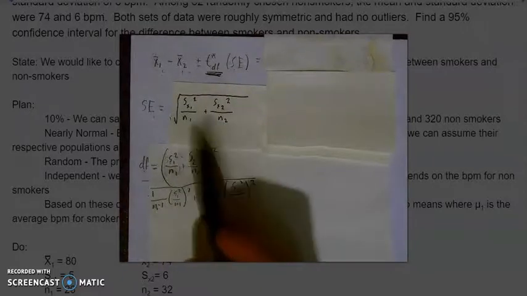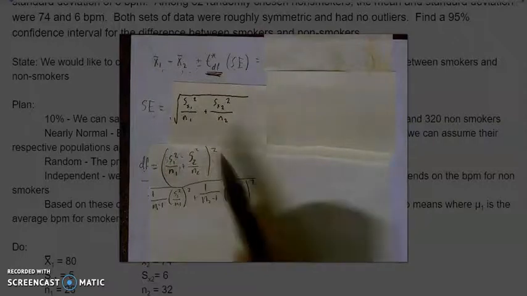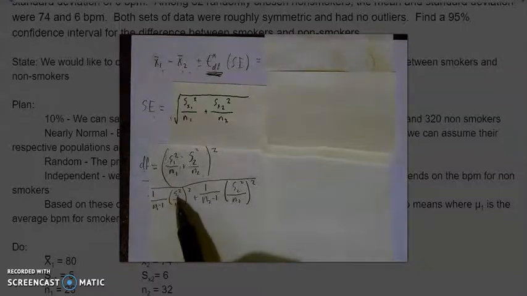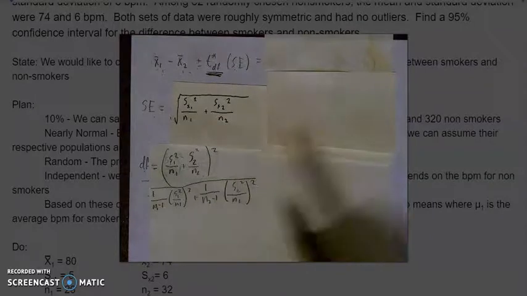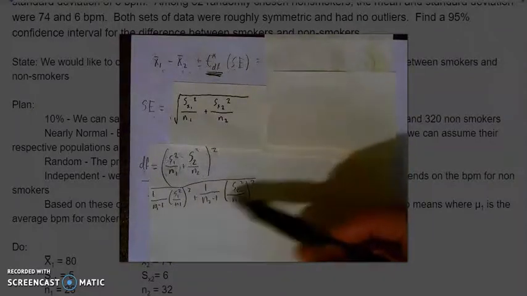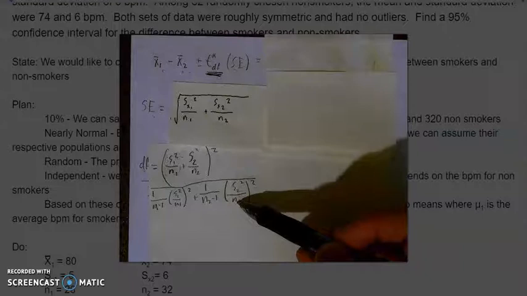It's the standard error, but squared instead of square rooted, and then that quantity divided by 1 over n minus 1 for the first one, times the standard error over the sample size squared, and then that squared again, plus 1 over the second sample size minus 1 times the standard error of the second one squared over the sample size of the second one, and then that whole quantity squared.